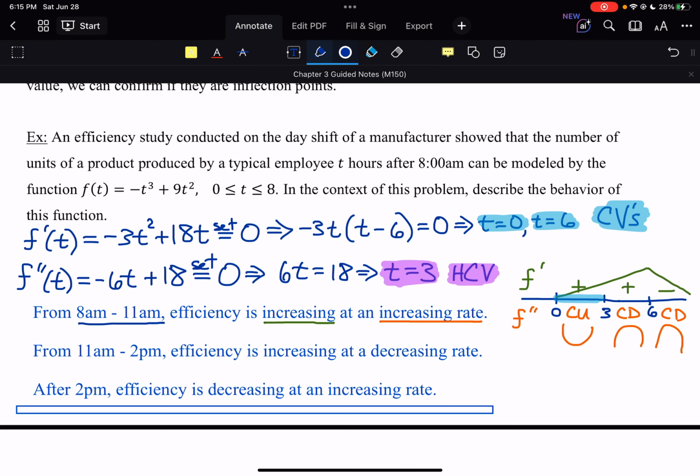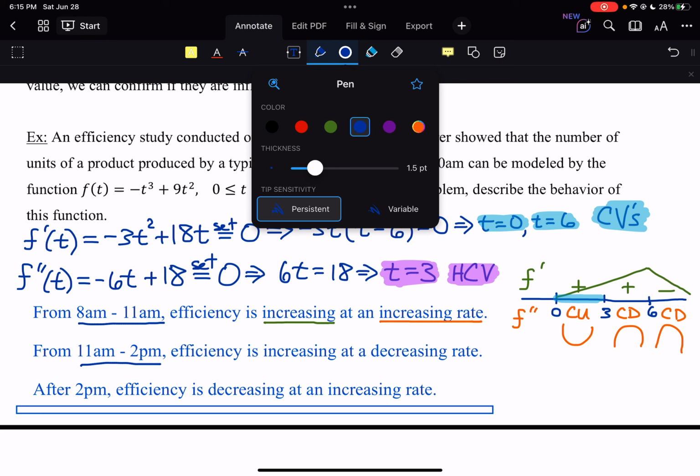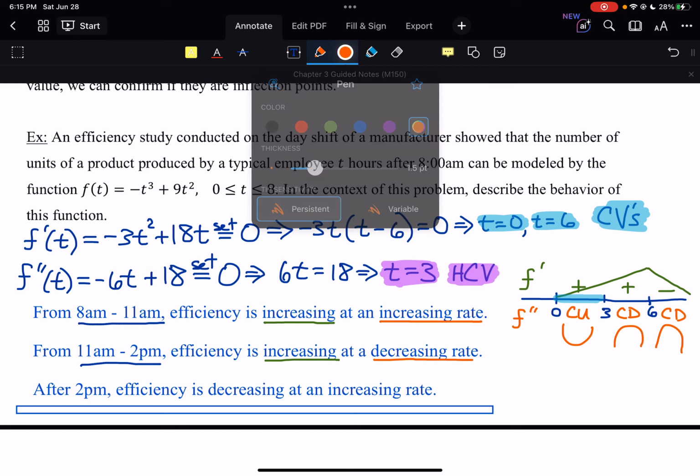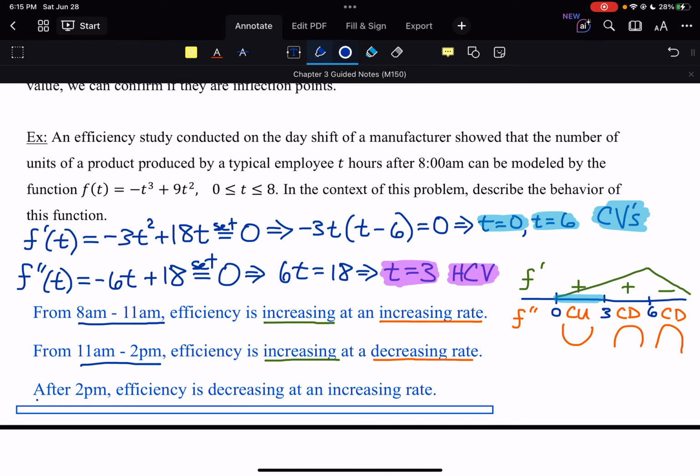Then on the second interval here from 11 to 2, efficiency is still increasing, but it's not increasing as quickly as it was. Okay, so efficiency still increasing, but at a decreasing rate. And then after 2 p.m., so from 2 p.m. until I think 4 is when their shift would end, now efficiency is decreasing, and it's decreasing at an increasing rate.